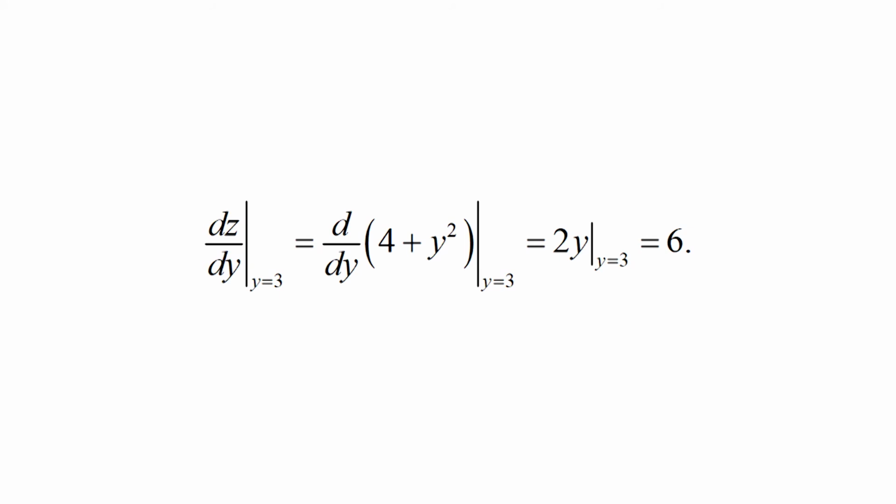Hence, the required slope calculated as an ordinary derivative is dz/dy evaluated at y = 3, which is d/dy of (4 + y^2) evaluated at y = 3, which is 2y evaluated at y = 3, which is 2 times 3, equal to 6, as expected.